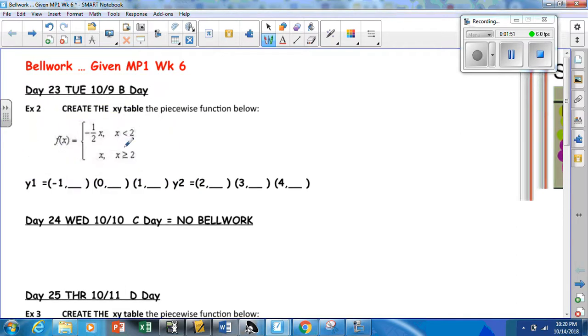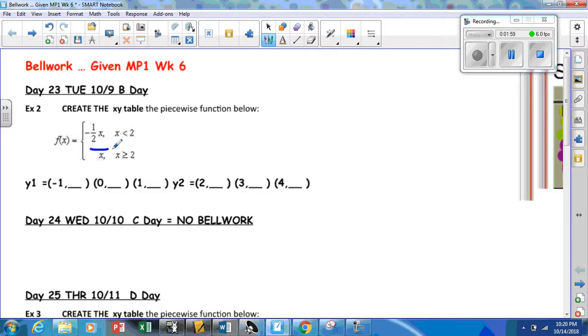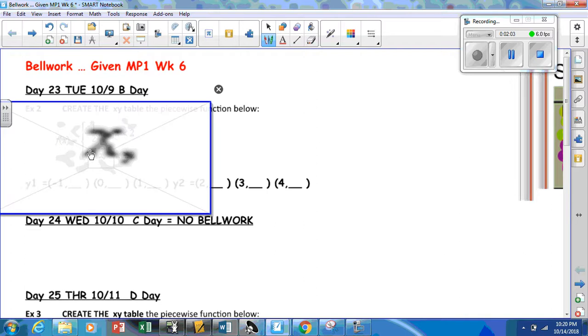However, when x is greater than or equal to 2, our function is going to be simply this guy right here.